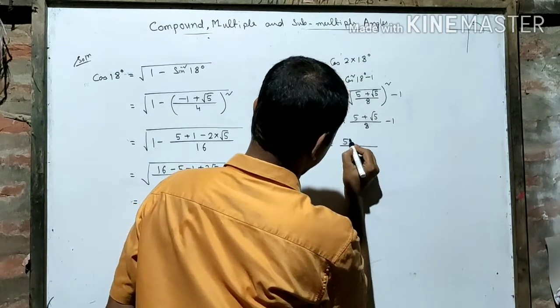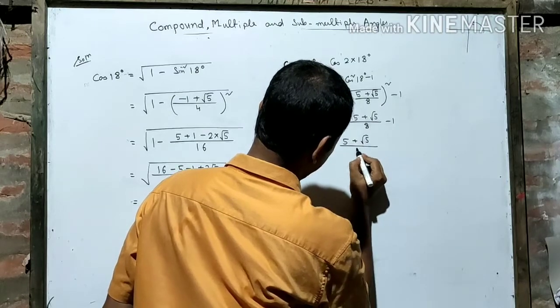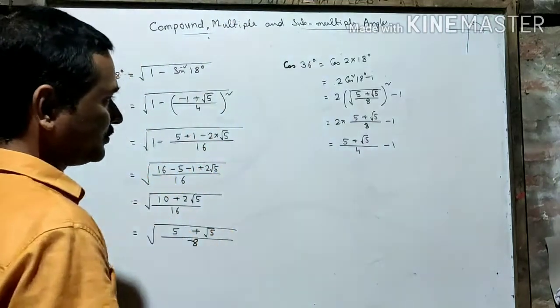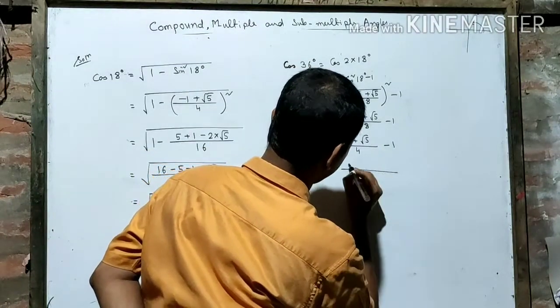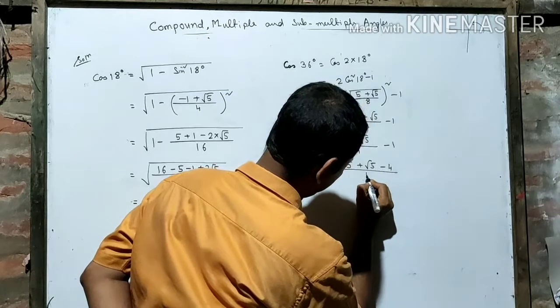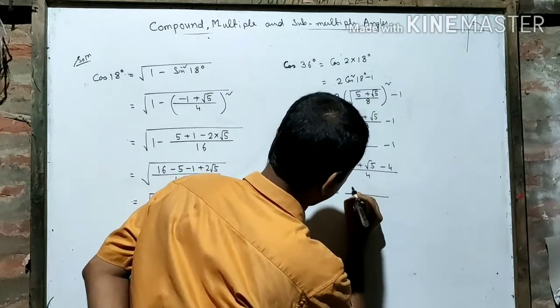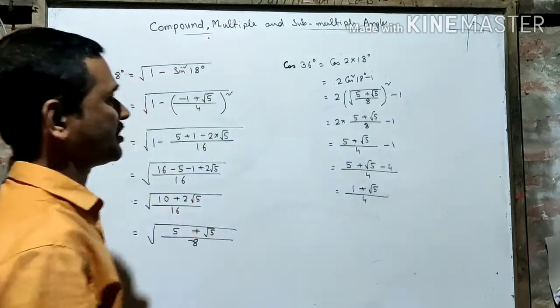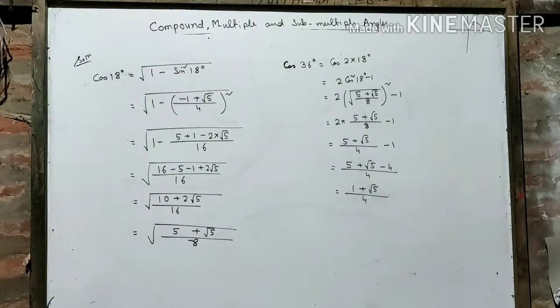This is equal to 5 plus root 5 by 4 minus 1. This is equal to 5 plus root 5 minus 4, taking LCM by 4. This is equal to 1 plus root 5 by 4. So this is the value of cos 36 degree. Right. Next.